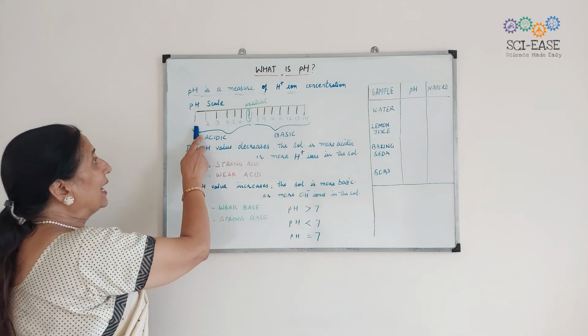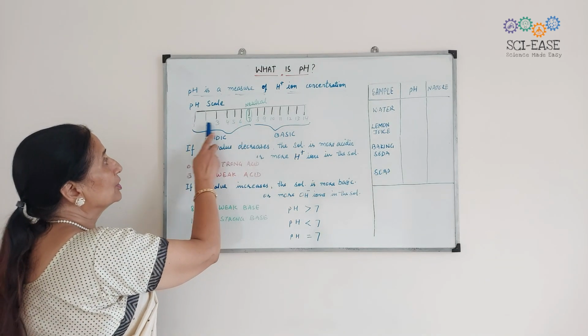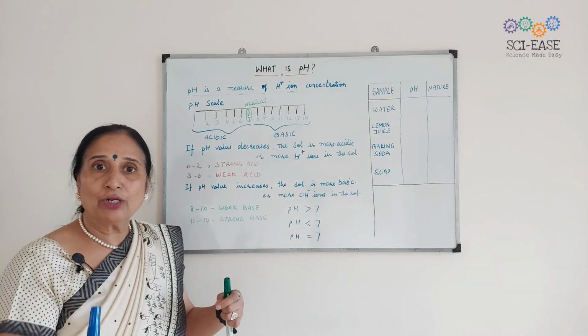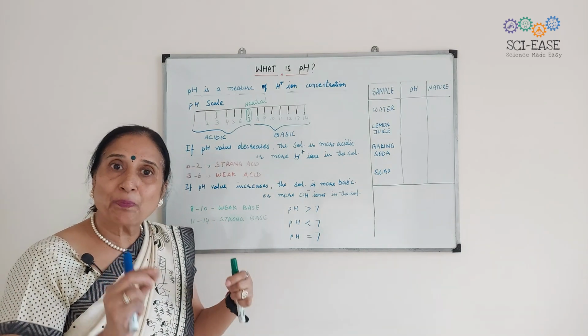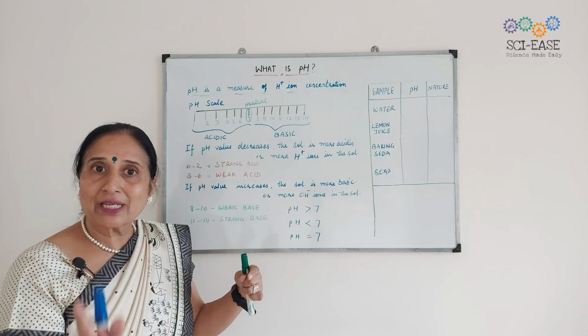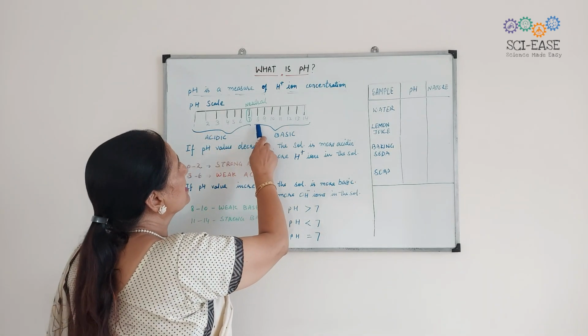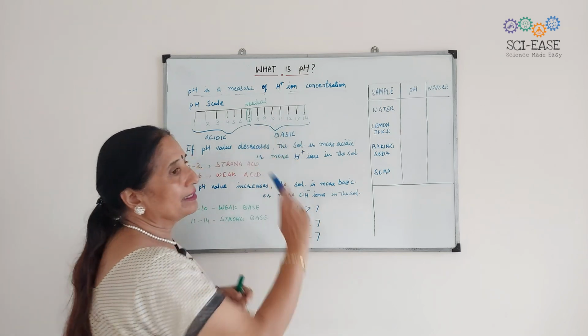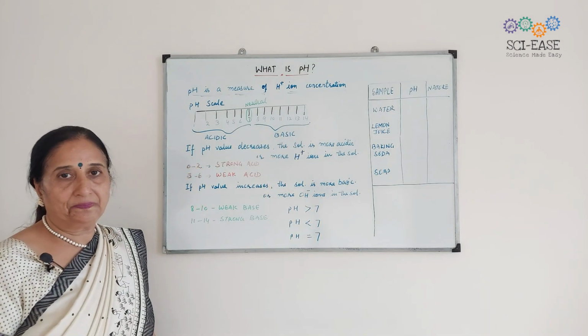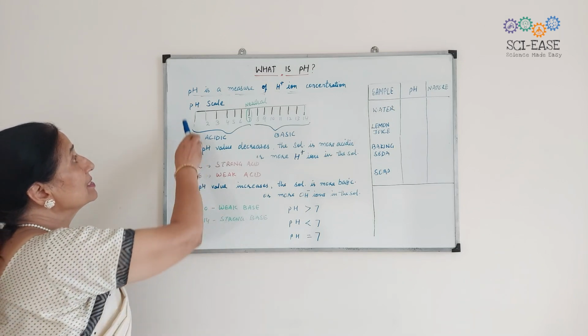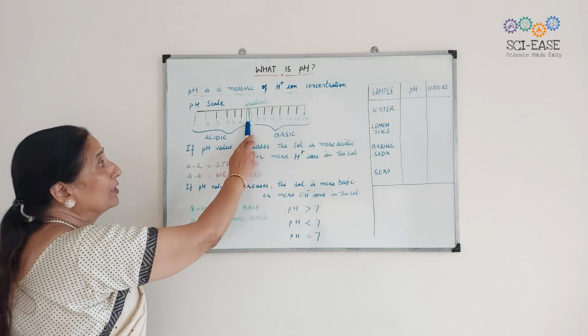And from 1 to 6, the solutions, they are acidic in nature. If any solution has pH 1 to 6, then it is acidic. And if it is from 8 to 14, then it is basic. Okay? So, this is the pH scale.